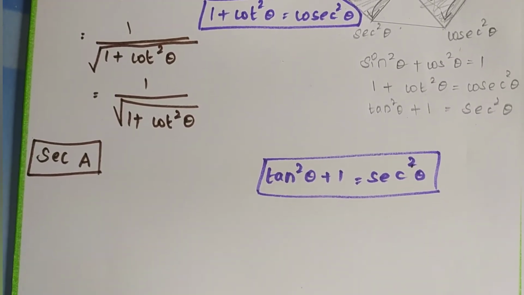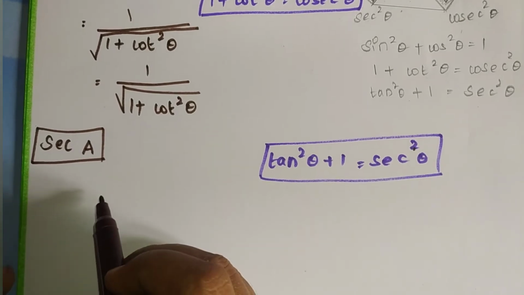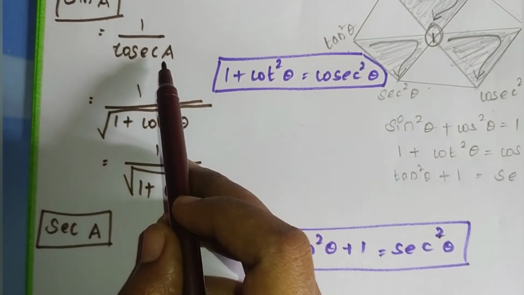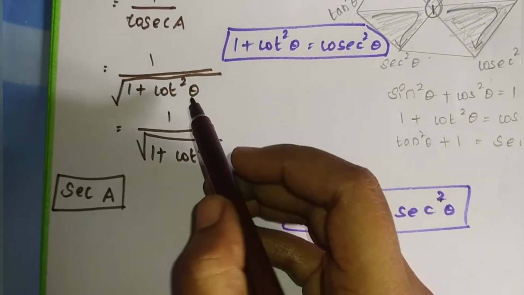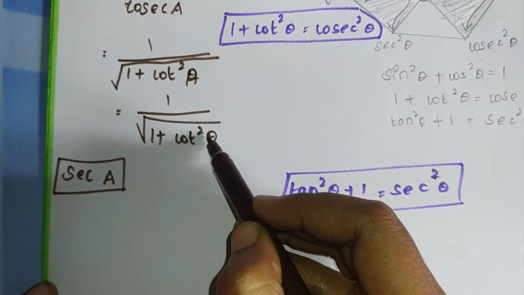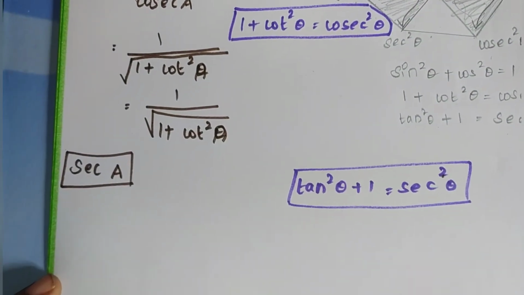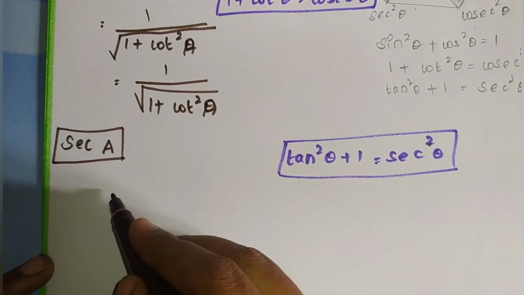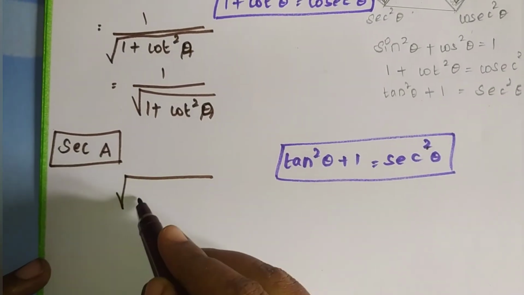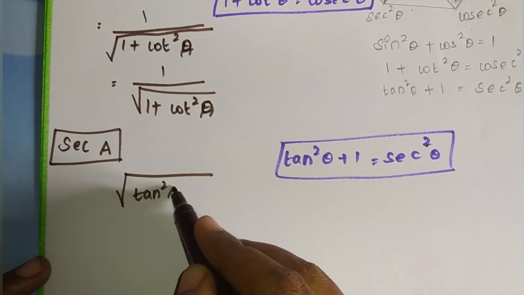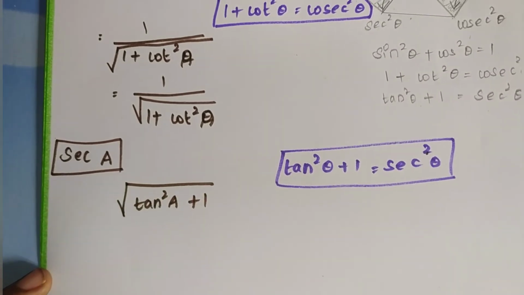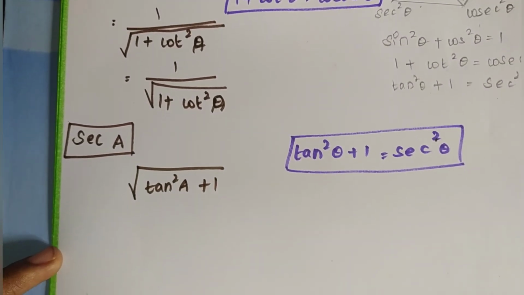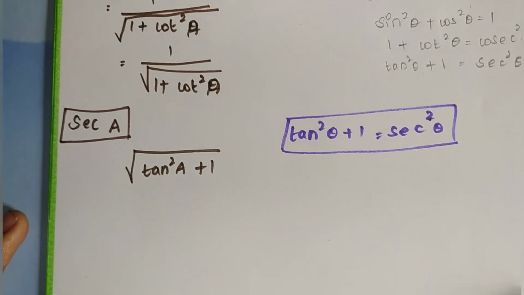Then it will become a square root. Here they have given it with angle A, so represent it with A. Clear? And then here, root of tan square A plus 1.